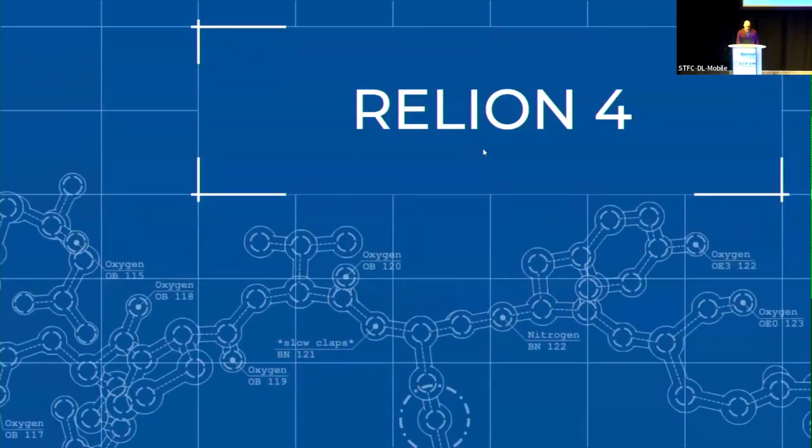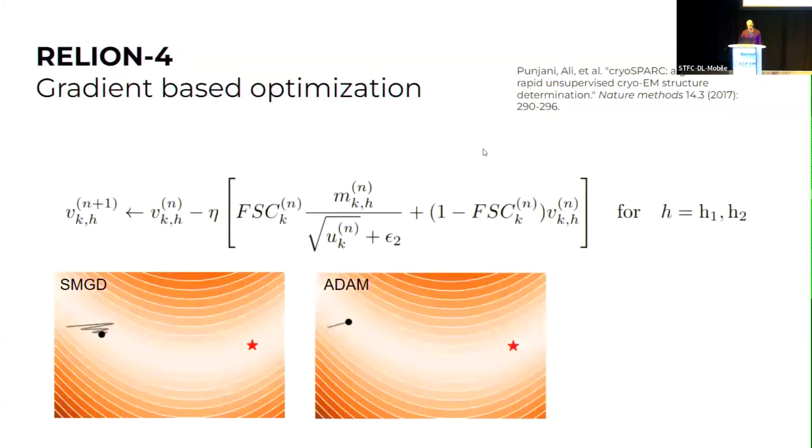Now, in the RELION 4 paper that we published last year, we present a few new ideas that are geared towards automated high-throughput single particle processing. And in this context, robustness is very important, but also speed, because you want to be able to keep up with your data acquisition. In the first CryoSPARC paper, Ali Punjani et al. presented a gradient-based optimization method they called SAGD, or stochastic average gradient descent.